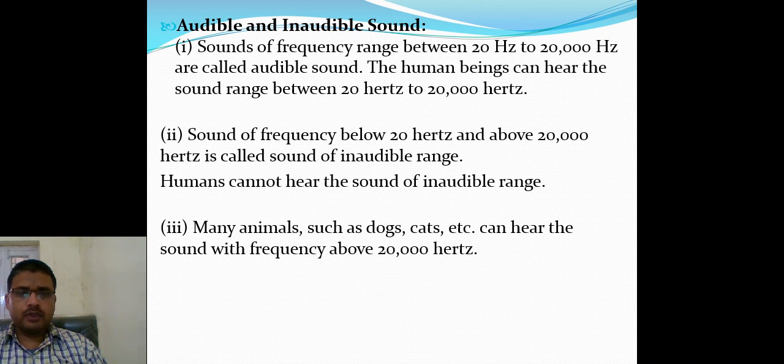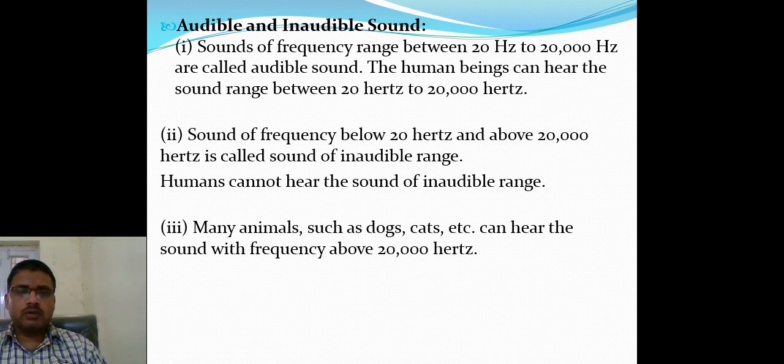These are some relations which we got from the observation.